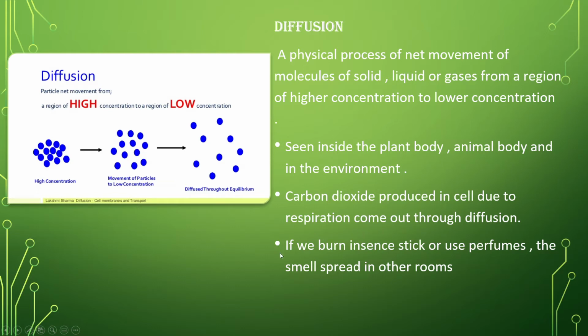Suppose if we burn an incense stick, or use perfume on our body, you can smell it from the other rooms. That means the smell of the incense stick mixes with air and moves from one room to another, and we can smell it from the other rooms.